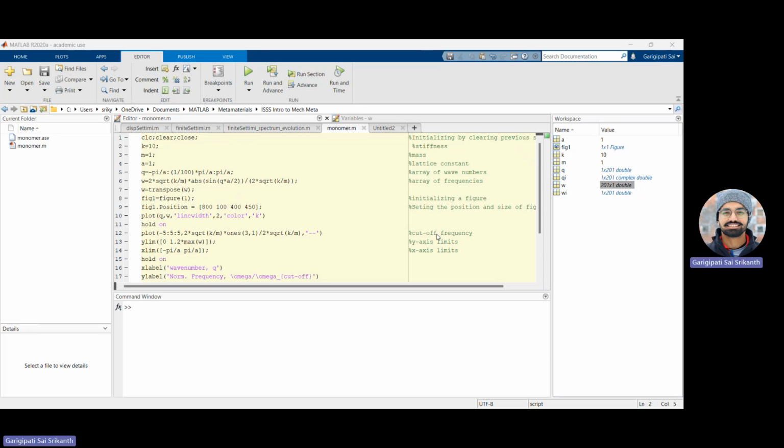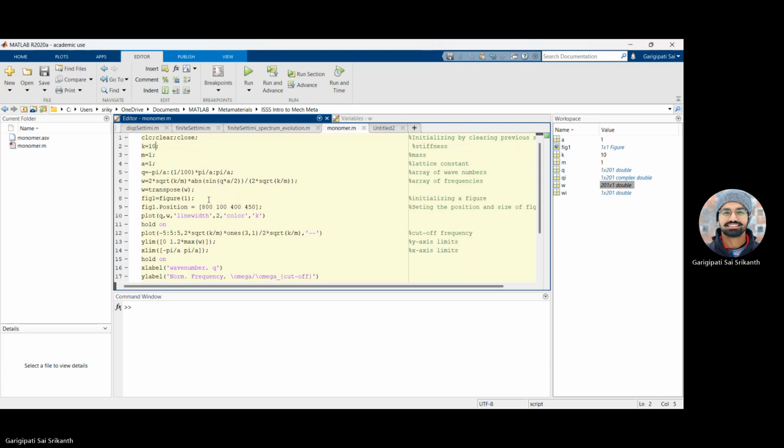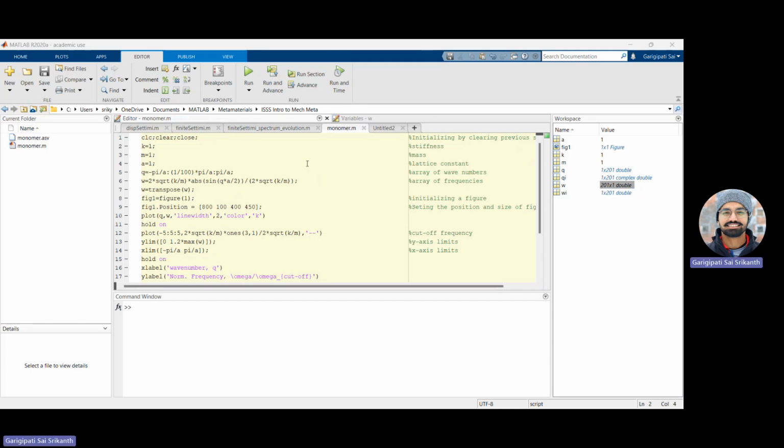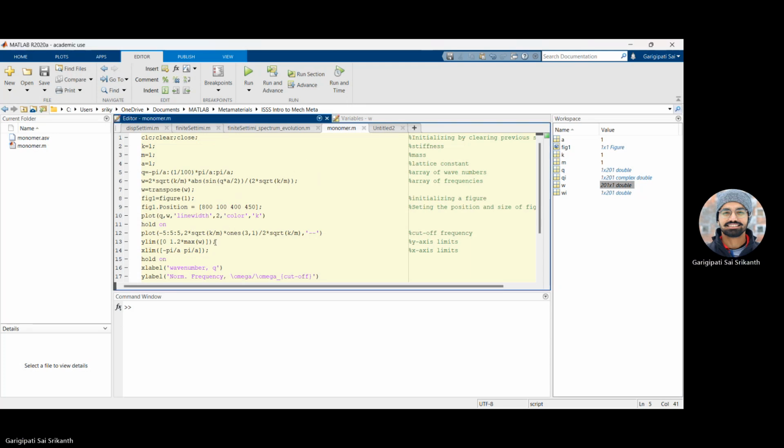Huh. Where did it disappear? See if it's disappearing. Surely there is something wrong. What might be wrong? So this is fine. I think Y limit also needs to be normalized.